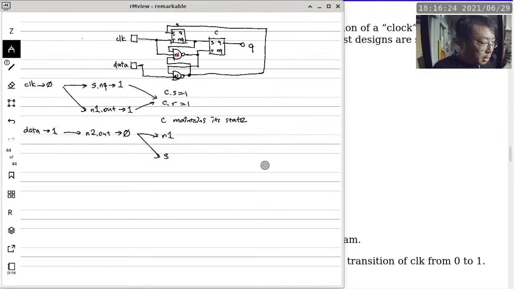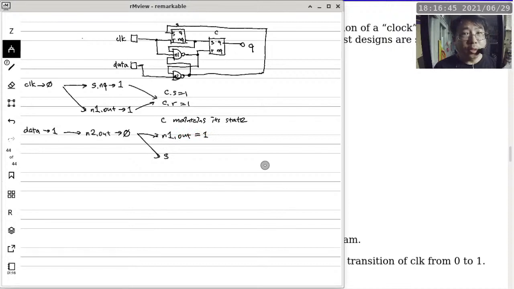N1 is right here, and from before, the clock is still a 0 because we are not changing the clock. So one of the inputs of N1 is still a 0, which means the output of N1 is going to maintain as a 0. So we're going to say N1.out is maintaining a 0.